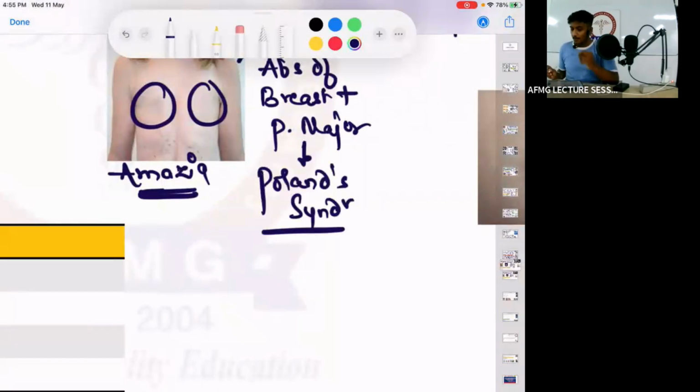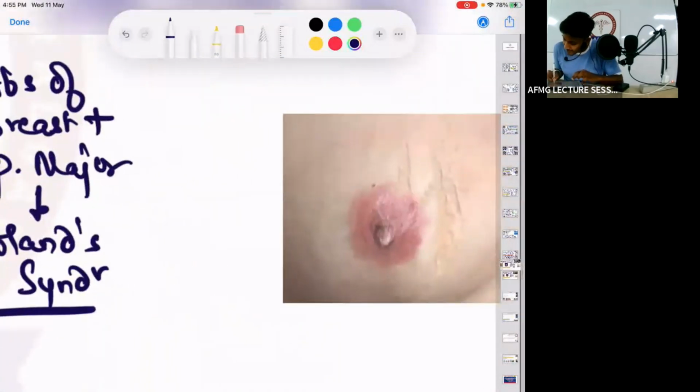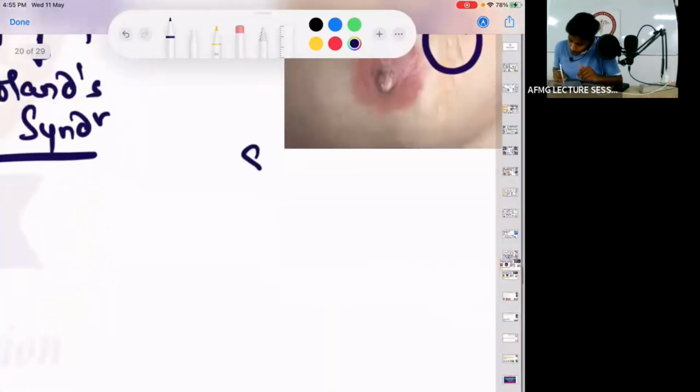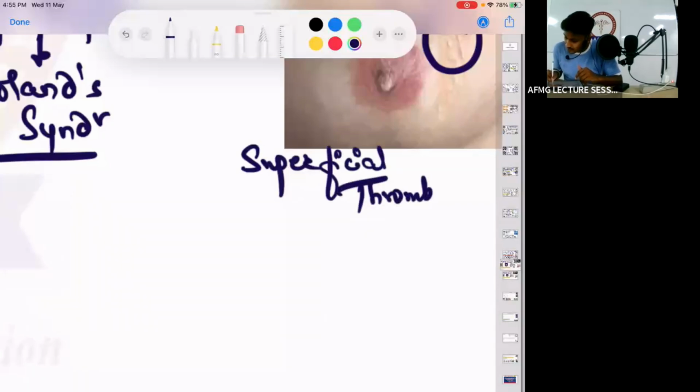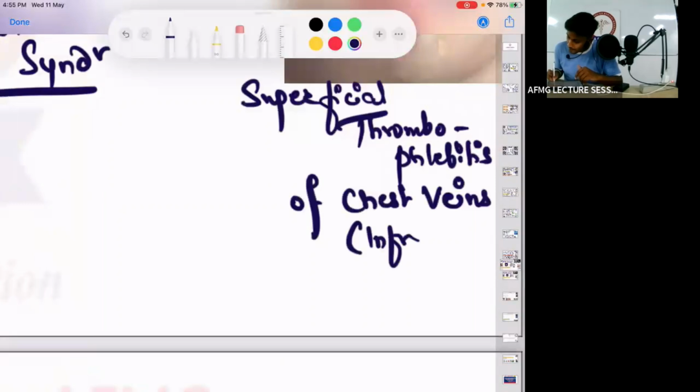Breast, and then here you can see the patient has some dilated vessels on the breast. This is usually due to superficial thrombophlebitis of the chest veins, usually the inframammary veins.